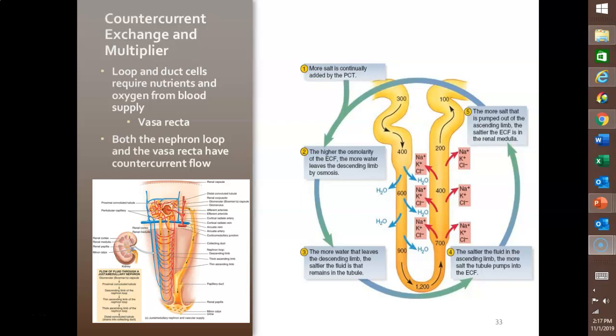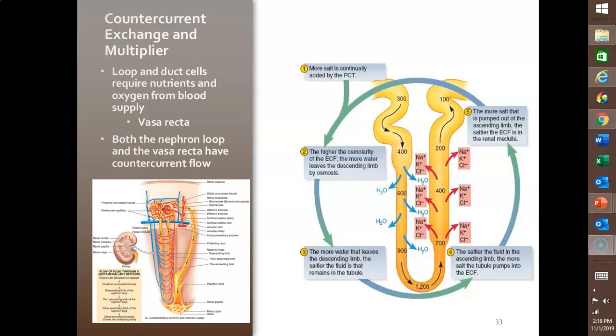Now, as we talked about earlier, the proximal convoluted tubule and the descending limb of the loop of Henle are where most of our water and most of our sodium ions are going to be absorbed. As those sodium ions move out from the filtrate into the extracellular fluid, the interstitial spaces of the renal medulla, the concentration in those extracellular fluids becomes more and more concentrated.